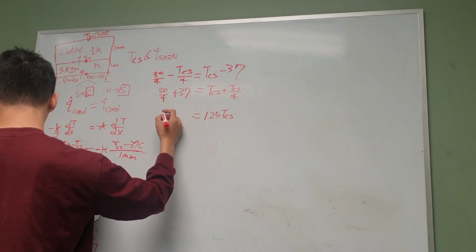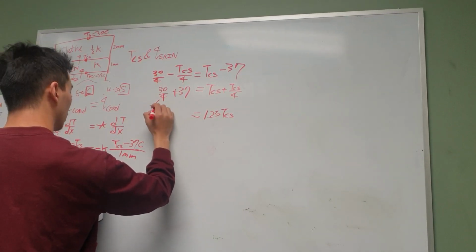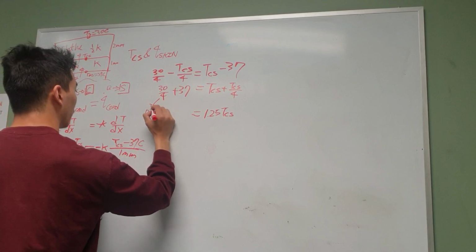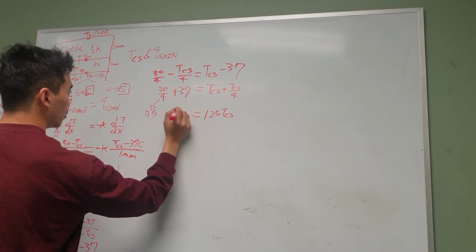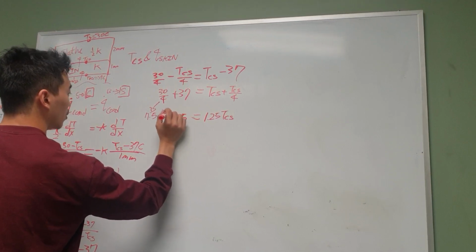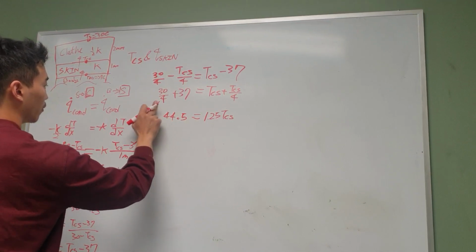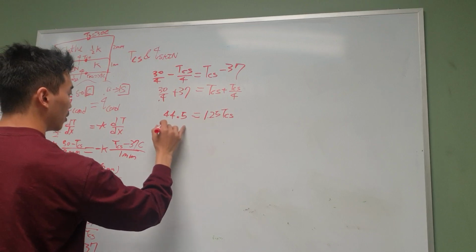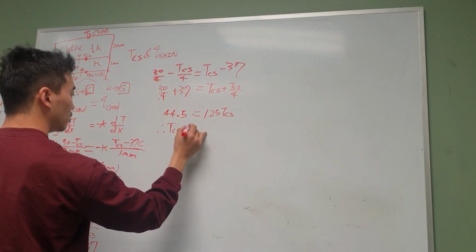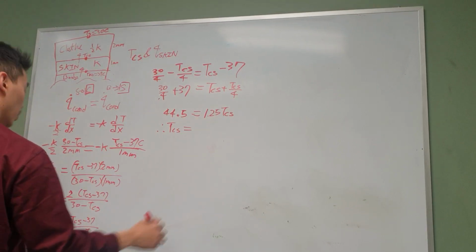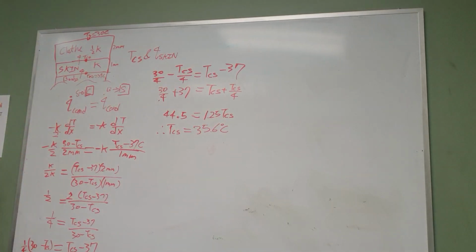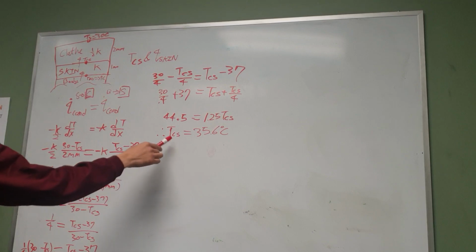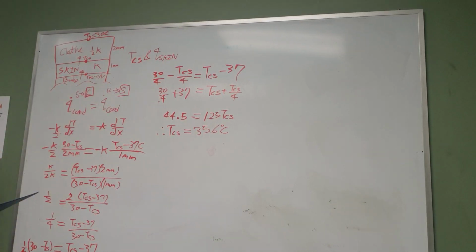And this becomes 7.5, so that's 44.5. So TCS is going to become 35.6 Celsius. And that is the temperature at the interface of skin and cloth.